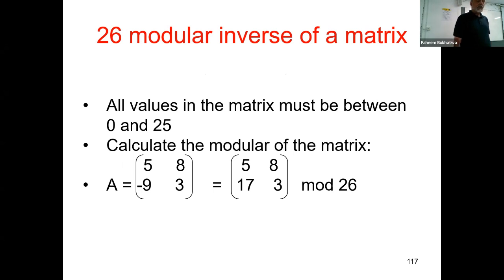So let's first convert this into modulo 26. All numbers are divided by 26, and the remainder is placed there. So if the numbers are between 0 and 26, they will not change. If they are any bigger, then you lose 26 for each one of them.